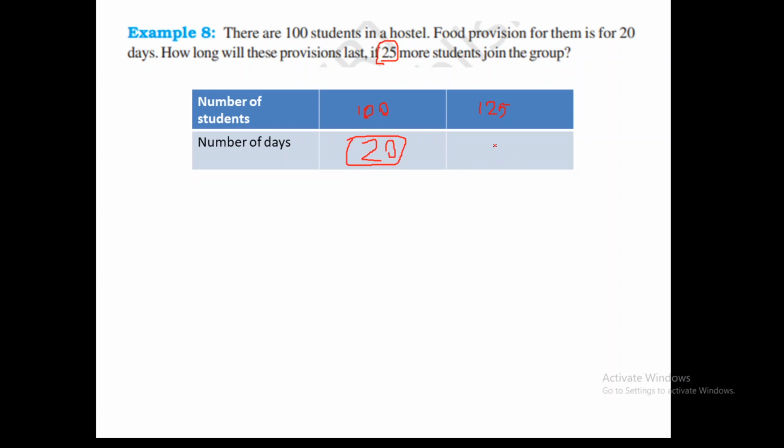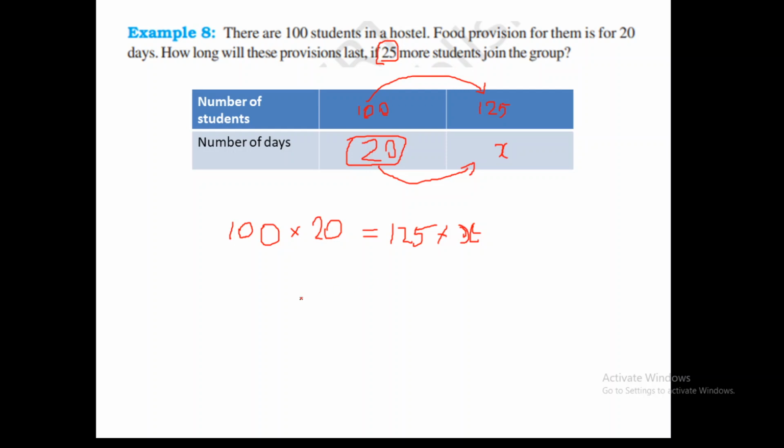So here an inverse proportion, number of students increased, so the days the food lasts will decrease. So the inverse proportion condition is 100 into 20 is equal to 125 into x, right?